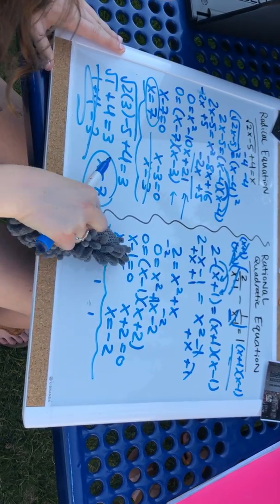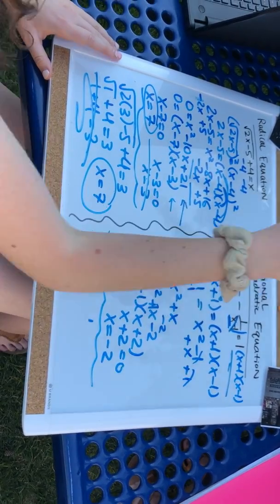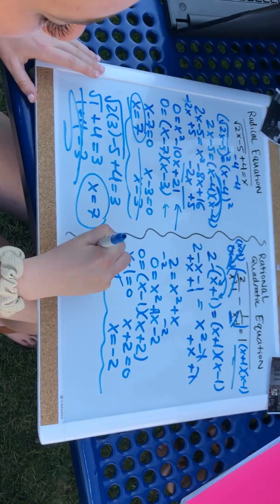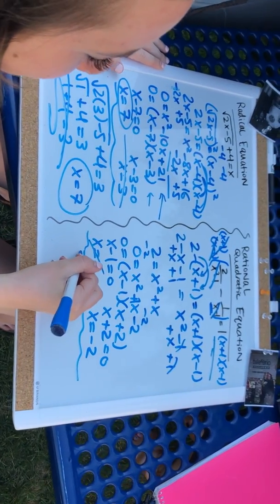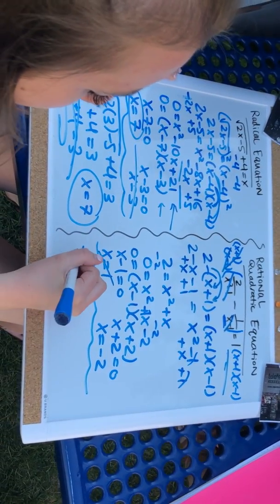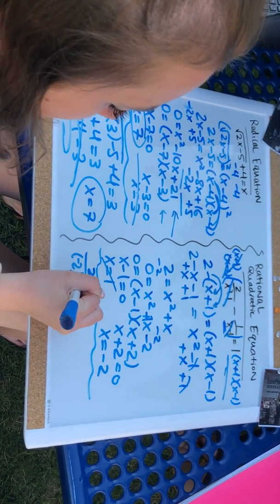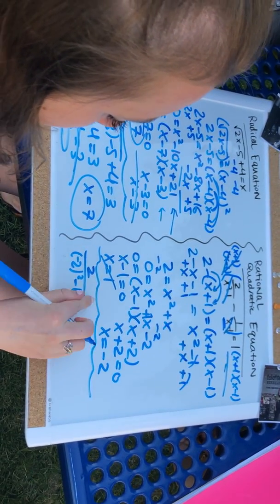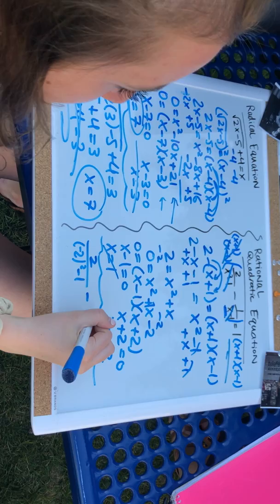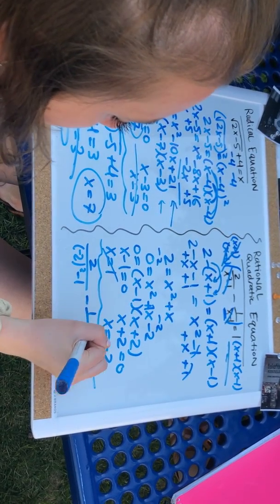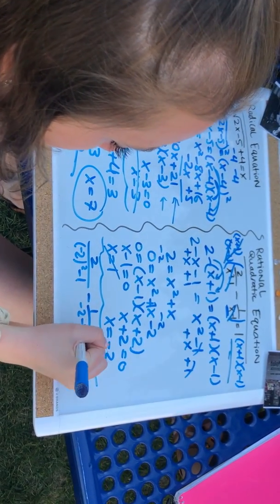And now we've got to try the other one. And let's try that out. So 2 over negative 2 squared minus 1 minus 1 over negative 2 minus 1 equals 1.